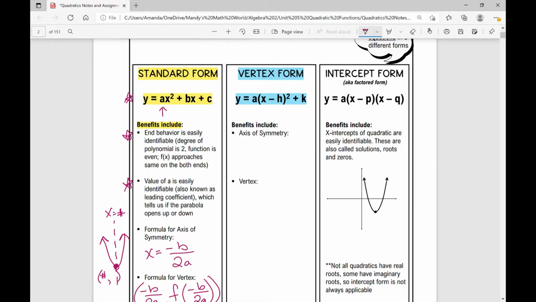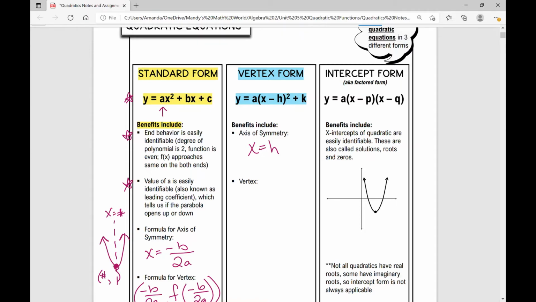Your axis of symmetry is x equals h. Be careful here, and we'll practice this more later. X equals h, that's that number right there. Your vertex is (h, k), right there and right there. So you can easily see your vertex.